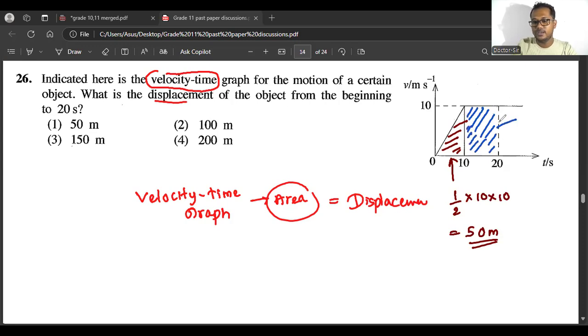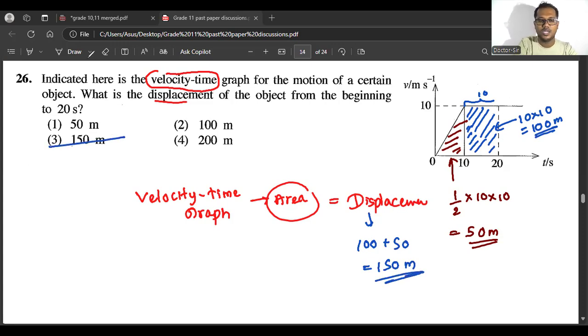Here the distance is 10, so 10 multiplied by 10 is 100 meters. So the total displacement is 100 plus 50, so 150 meters here. So the answer is 3.